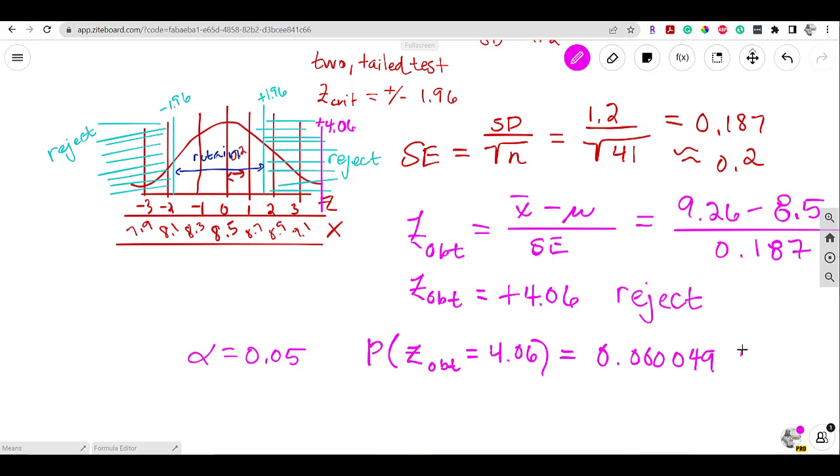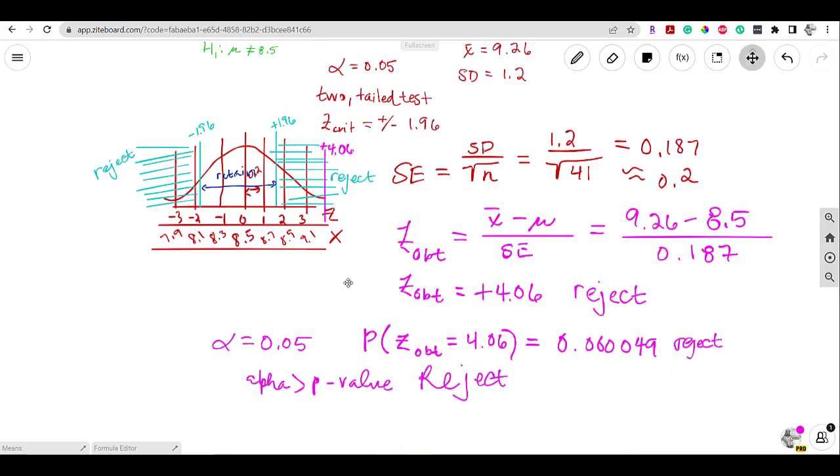So this is also telling me reject. So I'm just going to write right here, alpha is greater than p-value, reject. Okay, if alpha was less than the p-value, then you're going to retain.